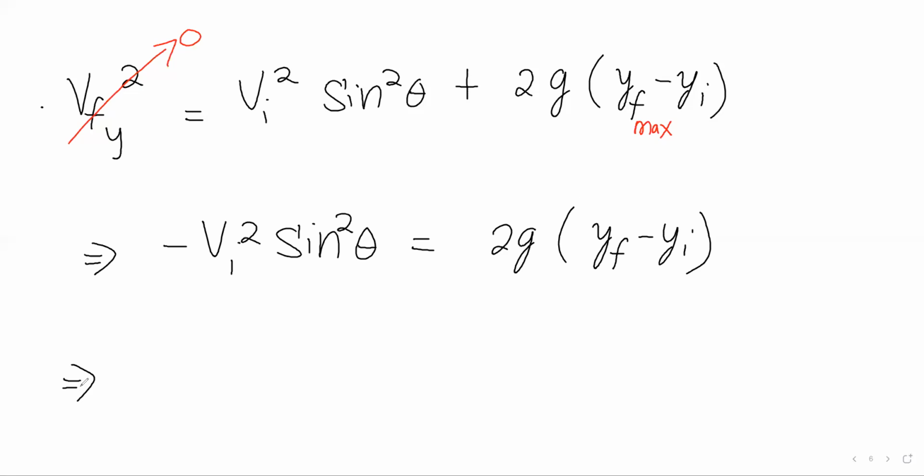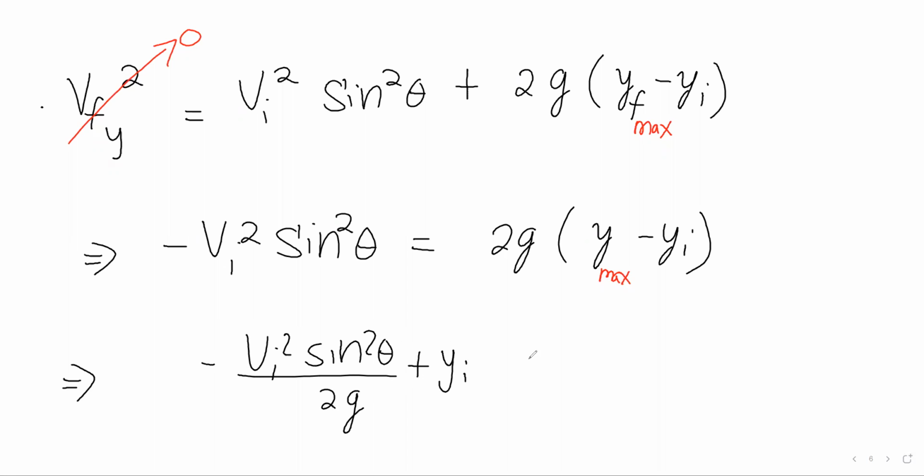Next, to isolate y max, you would divide both sides by 2g, and then you would add that initial height, and this would equal your y final, which is specifically your maximum height. And then you just plug in the numbers. So that's another great way to approach the problem, and you'd get the same result.